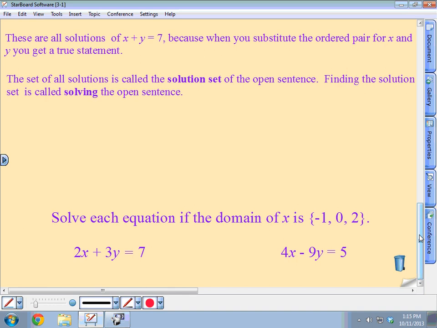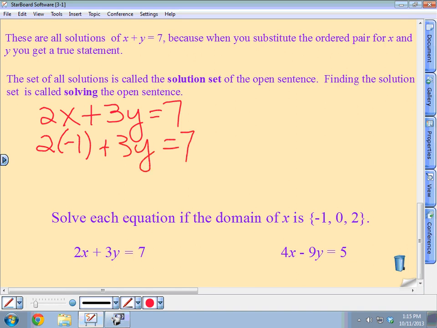So if I took the equation 2x plus 3y equals 7, and I substitute in -1 for my x, then I can solve that to find what y is. And some of you can probably do that very quickly in your head. What is y? Who can tell me what y is? Then it's just algebra 1, right?